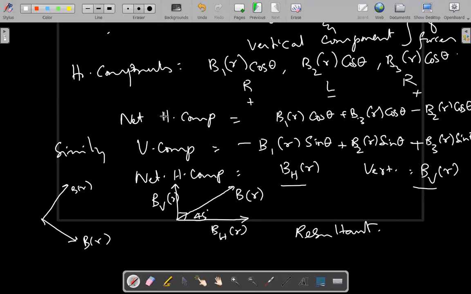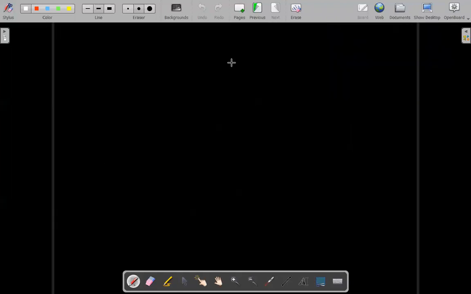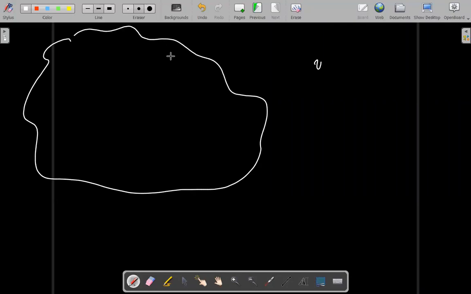So the next section, 4.2.2. Let's suppose there is a point charge Q moving with a velocity v and located at r at a given time t, in the presence of both an electric field and a magnetic field. So he is now talking about a little charge Q. In this particular space, there is an electric field and there is a magnetic field.